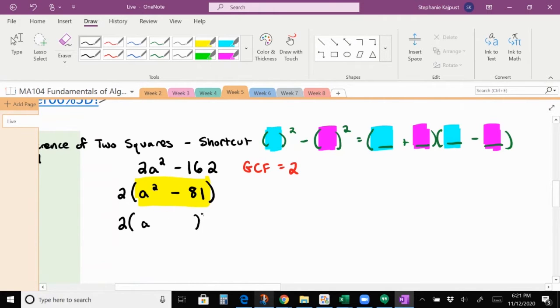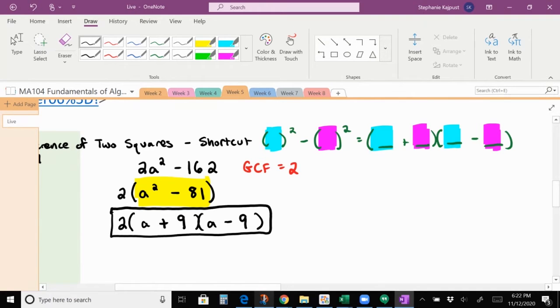So that's going to be the first part of each one, and then I can put in my plus and my minus. And then we just have to figure out, well, 81 is what squared? 9 squared gives you 81. So 9 is going to be those other numbers. And that's your final answer there.